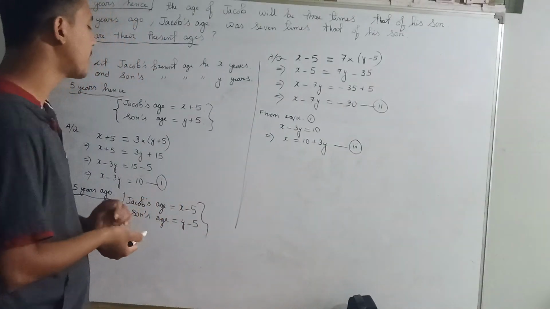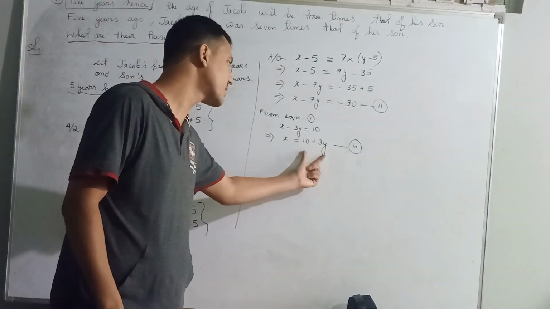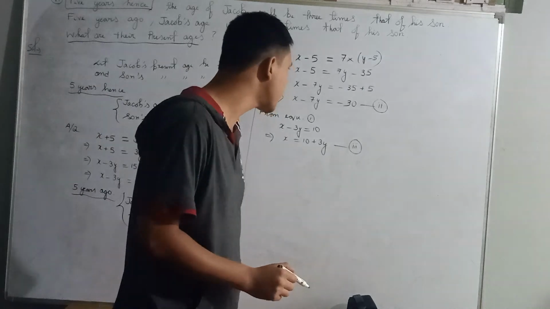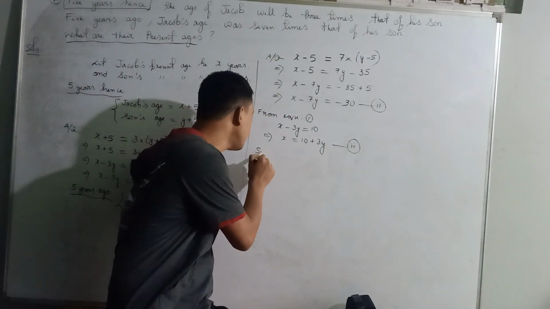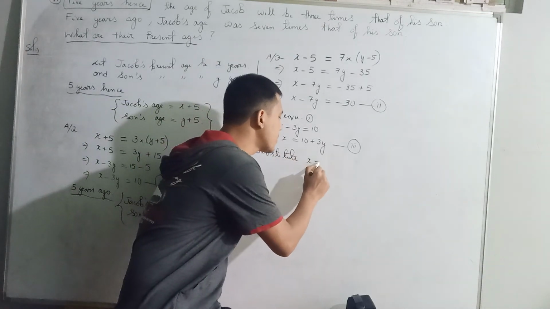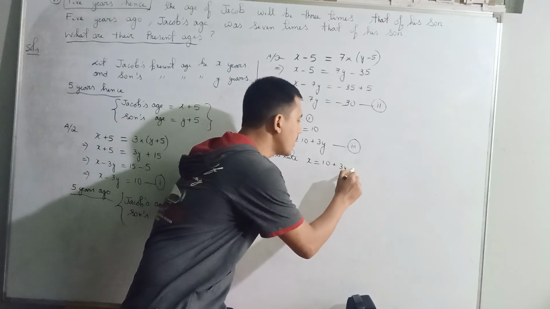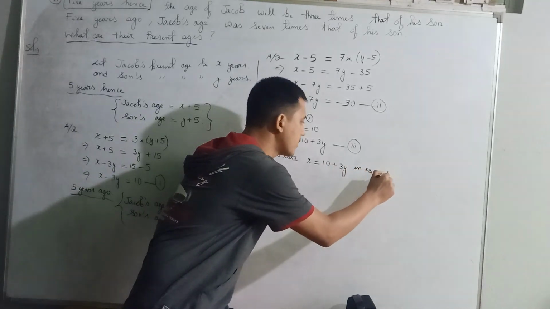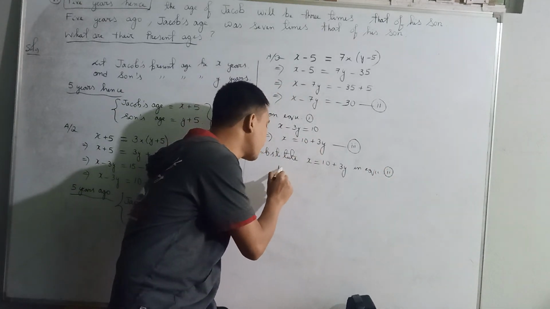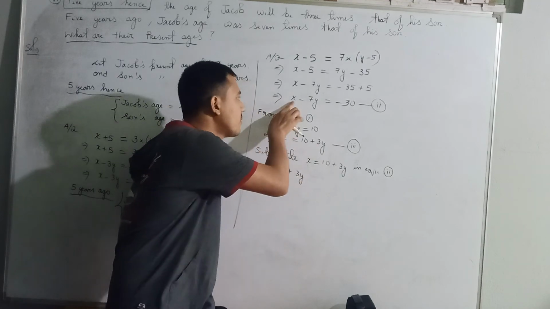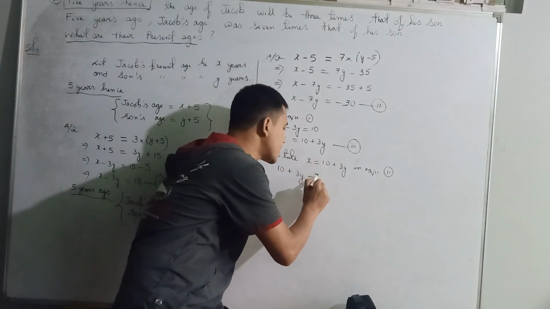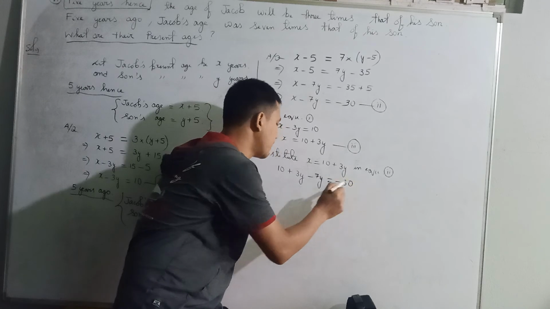Now what we do is we substitute this value of X, which we have obtained from equation 1, in the remaining equation, equation 2. Equation 2 is X minus 7Y, but what is your X? 10 plus 3Y. Now instead of X, I'm replacing it by 10 plus 3Y, and then we have minus 7Y is equal to minus 30.